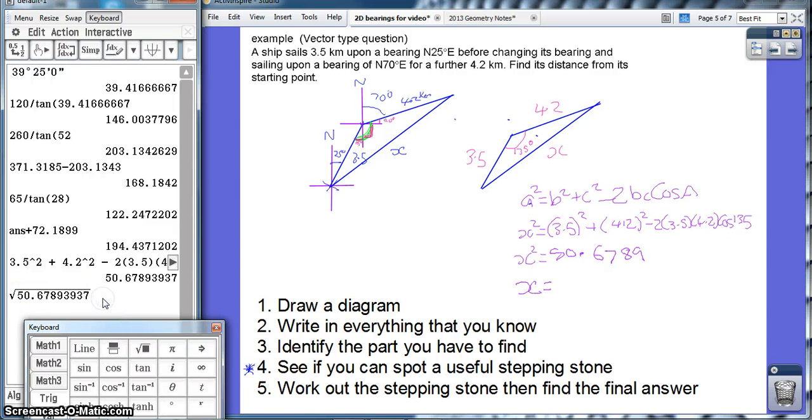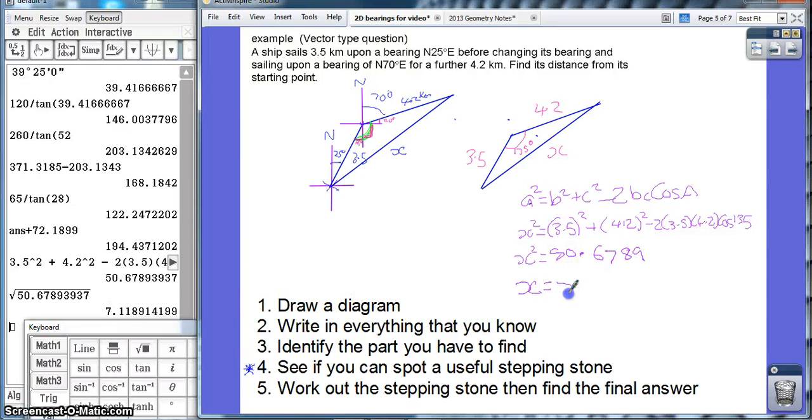So square root of that, and it's 7.1189, or 7.12 to 2 decimal places. Which makes sense when we look at our question. It's the longest side opposite the largest angle, so it's going to be longer than 3.5 and it's going to be longer than 4.2, and we've got 7.12 kilometers.